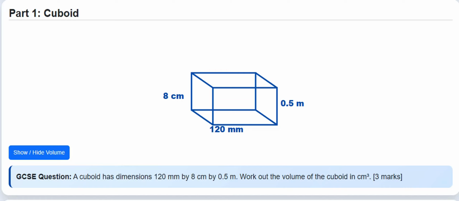In the first question, you are told a cuboid has dimensions 120 millimeters by 8 centimeters by 0.5 meters. Work out the volume of the cuboid in centimeters cubed. So we already know the length of that cuboid, L, is 120 millimeters.